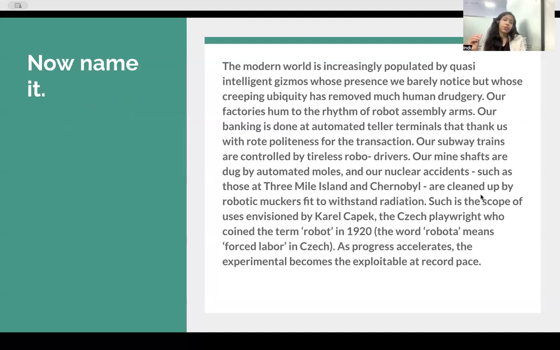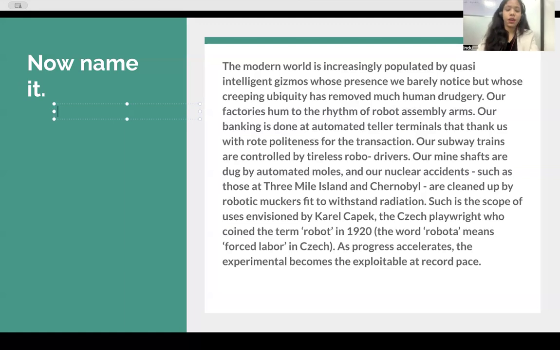Now the second thing that we do is we have to name this paragraph. We will name it in a manner that sums up whatever the main thing discussed here is. So let's see.